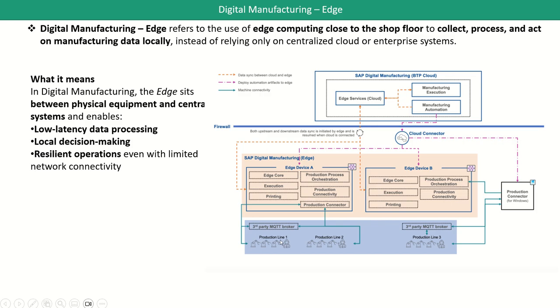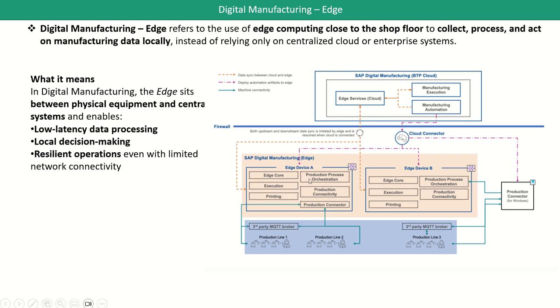You can see at the lower level here production line 1, production line 2, production line 3, and on top of that you can see SAP Digital Manufacturing Edge. This is also a digital manufacturing software that will be installed on the edge, which requires some specific devices. SAP will also guide how you can install the edge devices and configure digital manufacturing on edge, meaning digital manufacturing on premise in your plant.